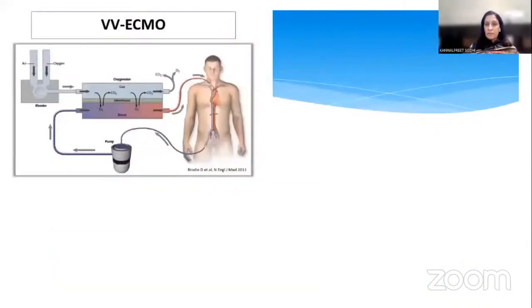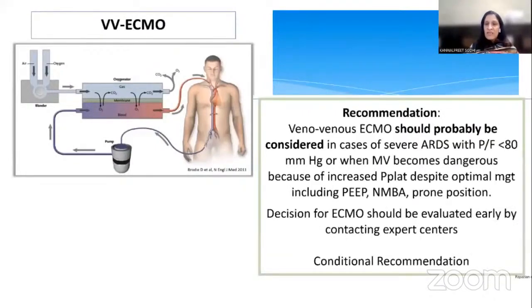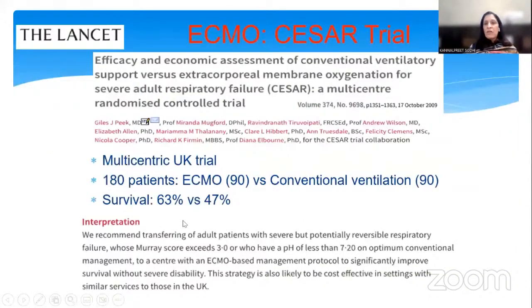ECMO is another strategy which is now recommended for ARDS patients, for any severe ARDS patient, especially if the PF ratio is less than 80 millimeters mercury, or when mechanical ventilation becomes dangerous because plateau pressures are increased despite optimal management of PEEP, usage of neuromuscular blocking agents, or prone positioning. Then we have to decide for ECMO. CESAR trial, again, we should know this name.